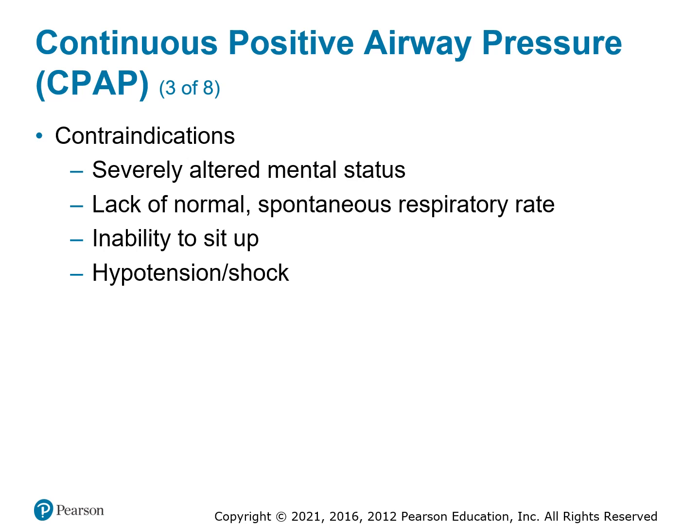A CPAP applied to a patient who is lying down is never going to be as efficient as a CPAP applied to a patient who's sitting up. Again, we need to be able to protect that airway. Another reason you might not consider CPAP might seem obvious: hypotension, so low blood pressure, or if the patient is already in shock. Again, this circles back around to being able to protect that airway.